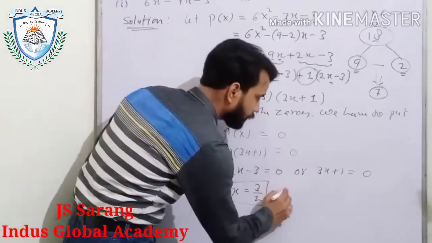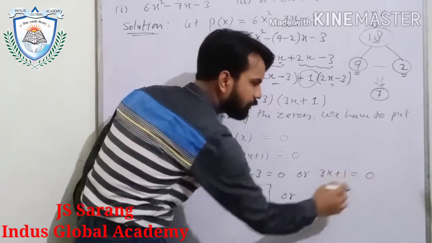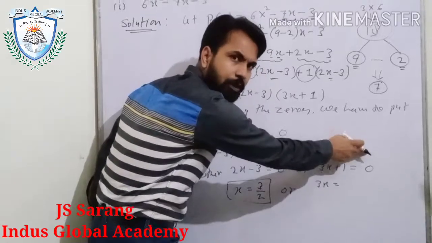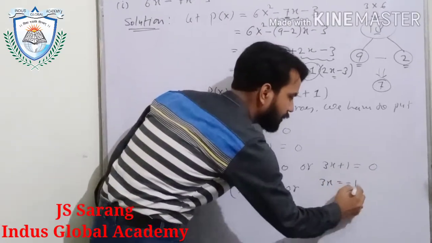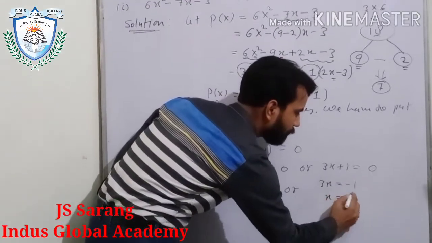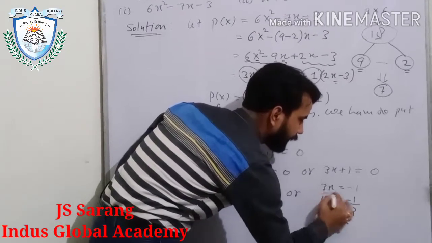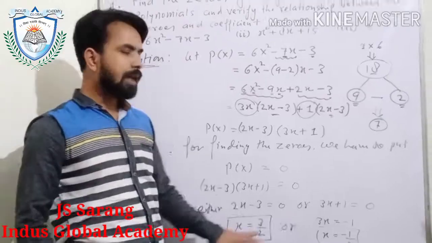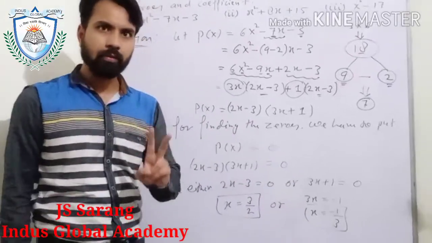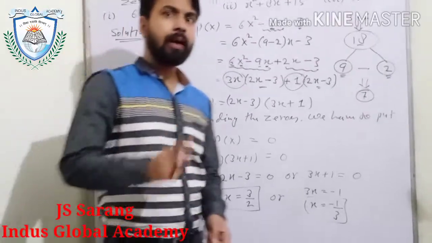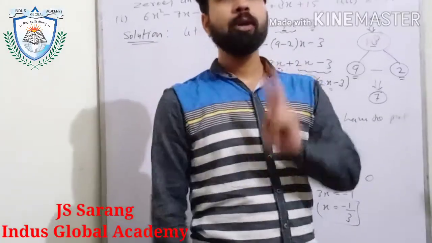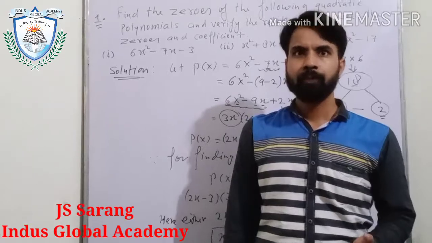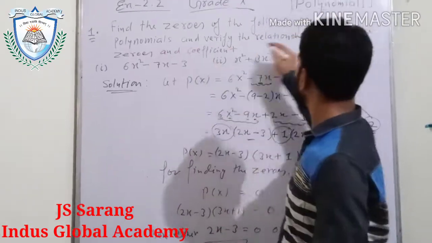Or if 3x plus 1 equal to 0, then 3x is equal to, this plus 1 will be shifted this side, so it will be minus 1, and x equal to minus 1 upon 3. So this is the second value. So here x is having how many values? 2 values. In the last video I told you that the number of zeros depends on the degree of the polynomial. So here we are talking about what?